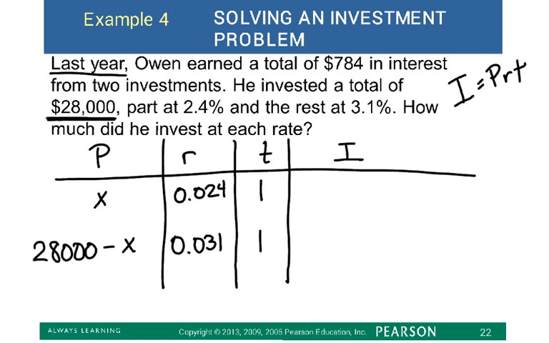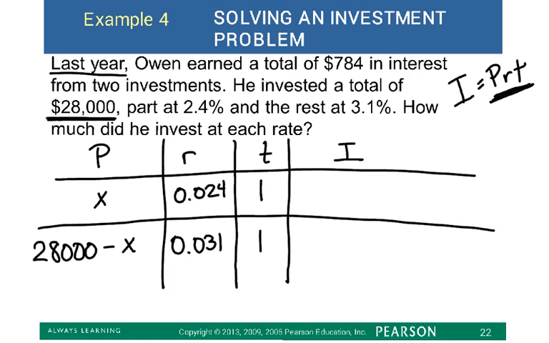And for I, what we're going to be doing here is, like our previous mixture problem, multiplying all of these things that we have in our columns straight across, because of this formula right here. So let's look at that.